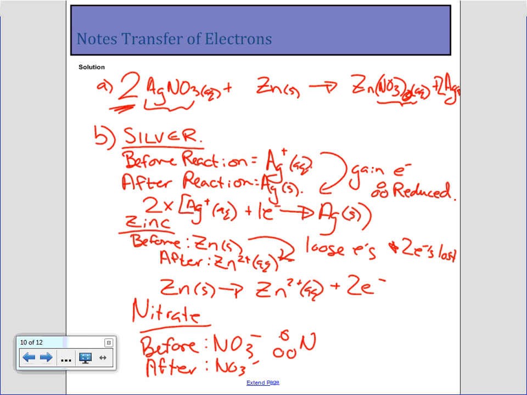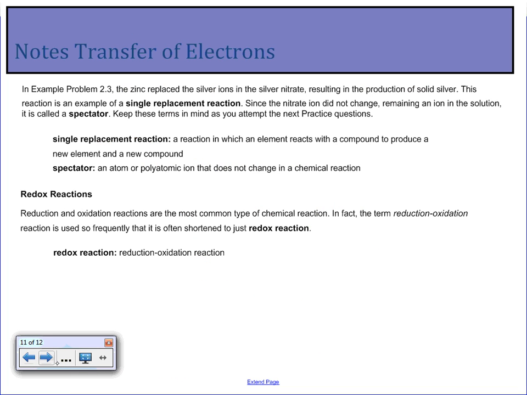Therefore, we have no change. So it is a spectator. I should add here, since this lost electrons, this is oxidized. Okay. So, here we go.